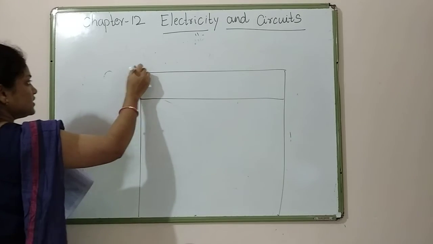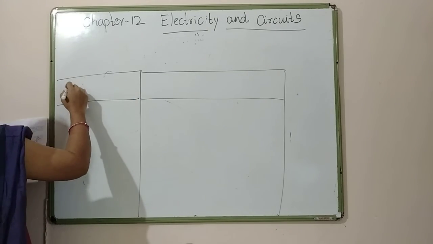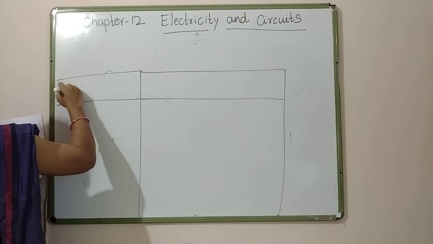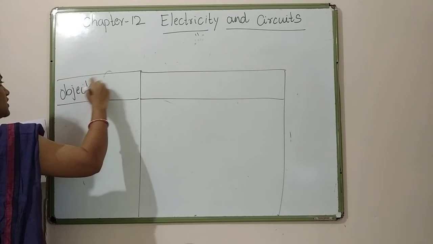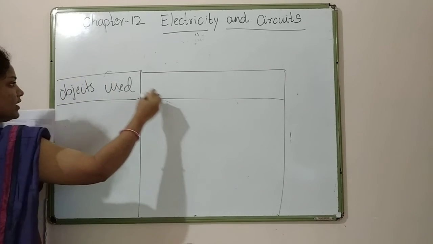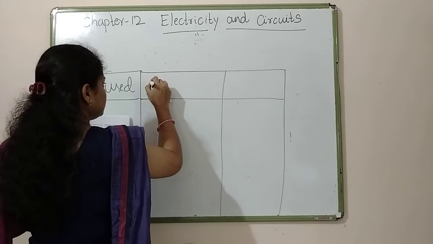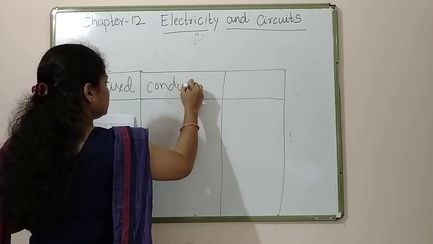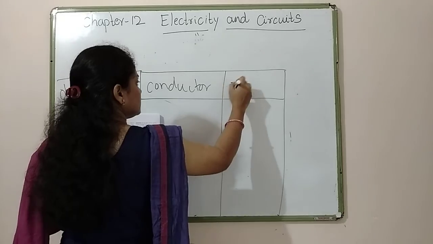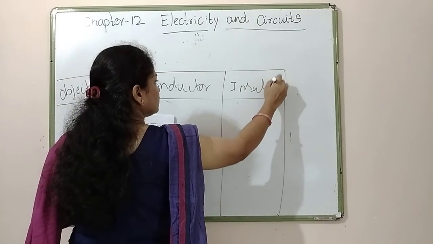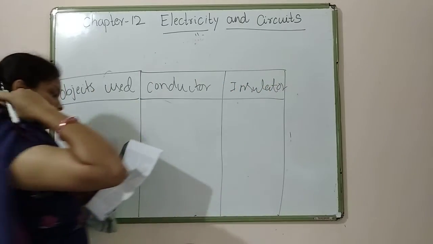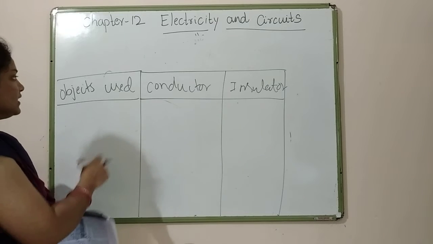In this one, write objects used. Then here conductor, and insulator. So draw this table.